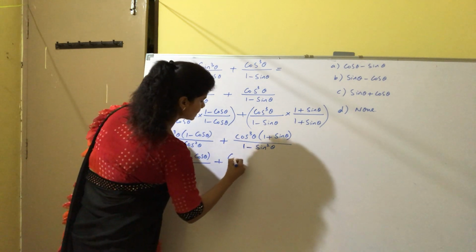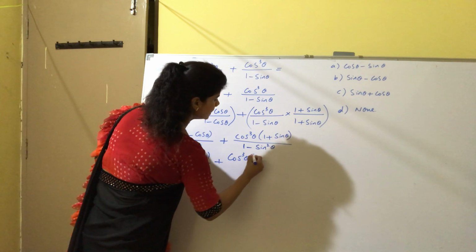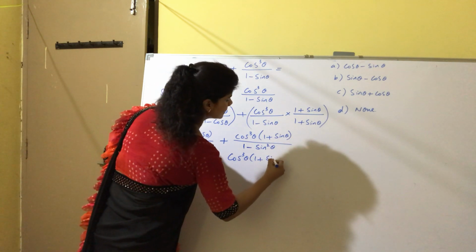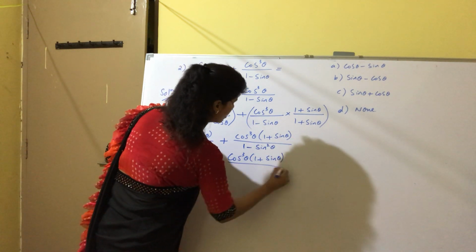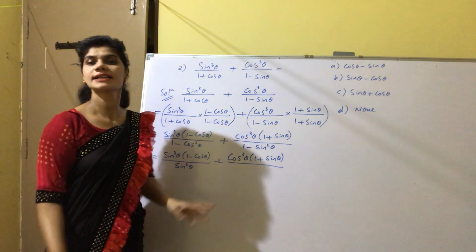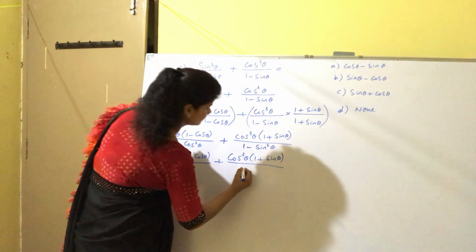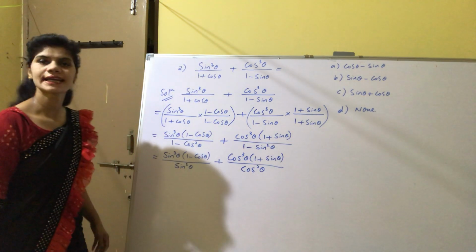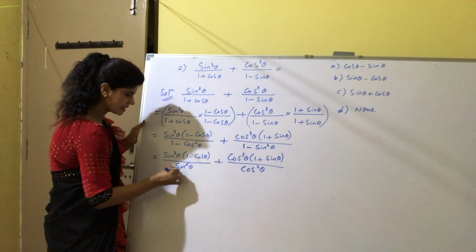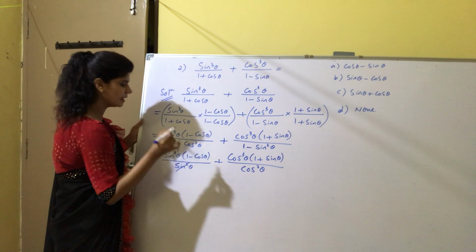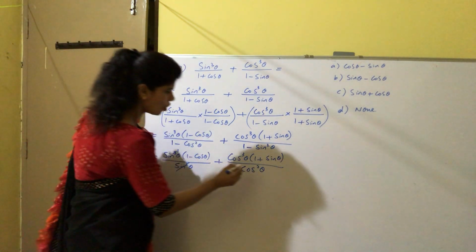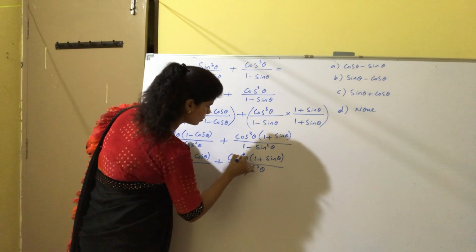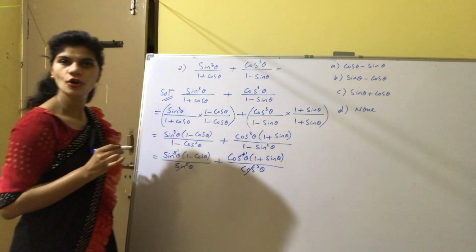Whereas in this case, cos cube theta into 1 plus sine theta upon 1 minus sine square, I shall write it as cos square theta. Now you can cancel. Sine square cancels with sine cube, remaining with one of the sine. Cos square cancels with cos cube, remaining with one of the cos.